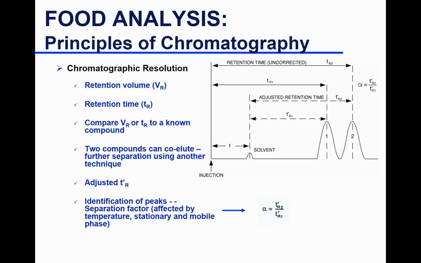When this peak starts moving left, this value becomes closer to the retention time for the first peak. When the retention time for the second peak becomes closer to the retention time of the first peak, then the alpha gets smaller, and when alpha is 1, you have no separation.